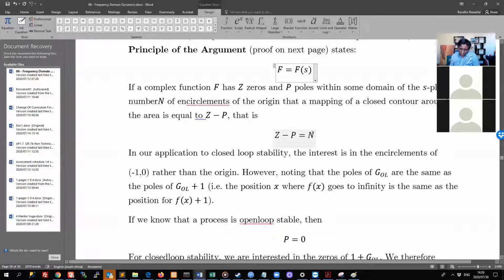And then that number 3 tells us the difference between the number of zeros and poles in the S-plane. Inside of that square, there exists a certain number of S values where f goes to 0, and also inside that square, there exists a certain number of S values where f is going off to infinity.